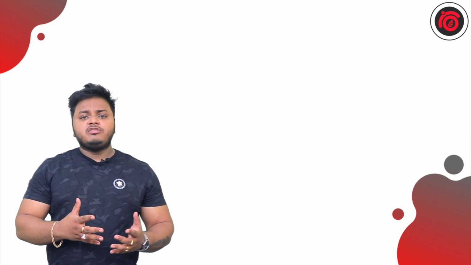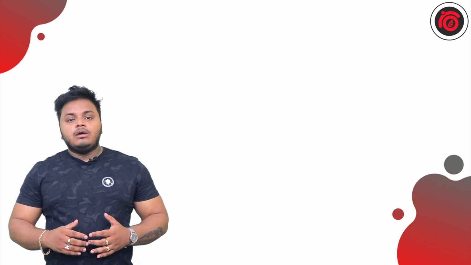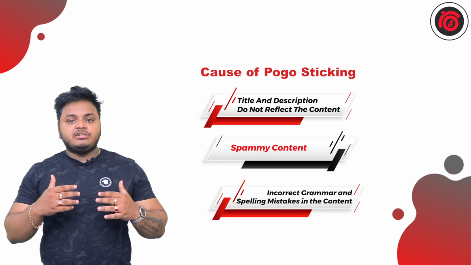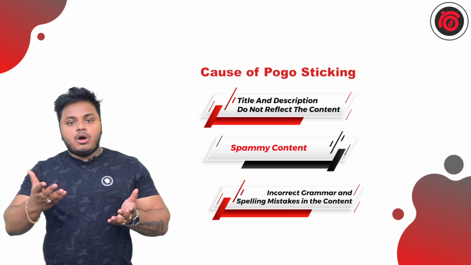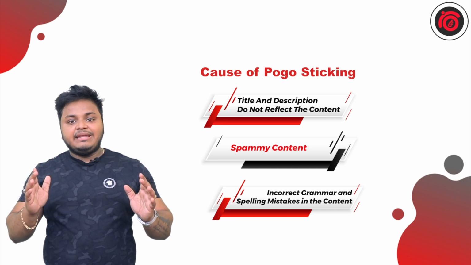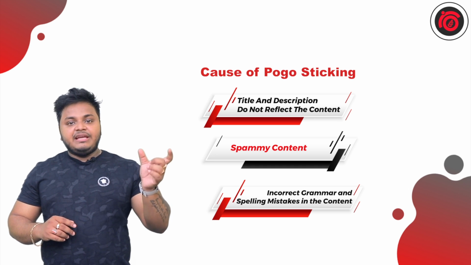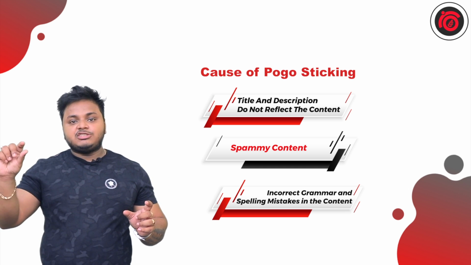Now let us discuss one of the most devastating factors which can happen from cannibalization, and that is known as PogoSticking. As the name suggests, PogoSticking means jumping between your URLs for the same set of keywords. In other words, if your pages are competing against each other for the same set of keywords, suppose you have a page A and you have page B, and they are ranking for the same keywords XYZ.